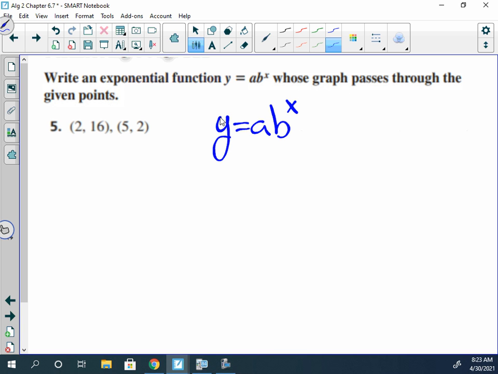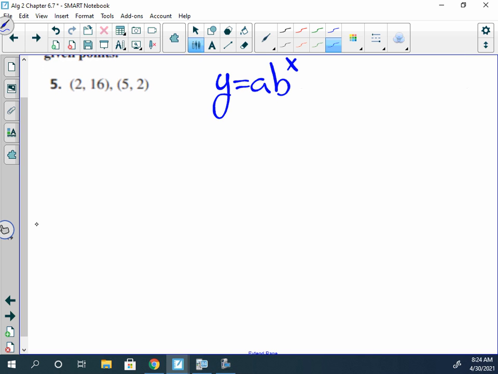Now they give us 2 points. They gave us these 2 points here, and these 2 points lie on the graph of whatever this exponential is. So what we can say for this first one, when x is 2, y is 16. So for whatever values of a and b, 16 is equal to a times b squared.